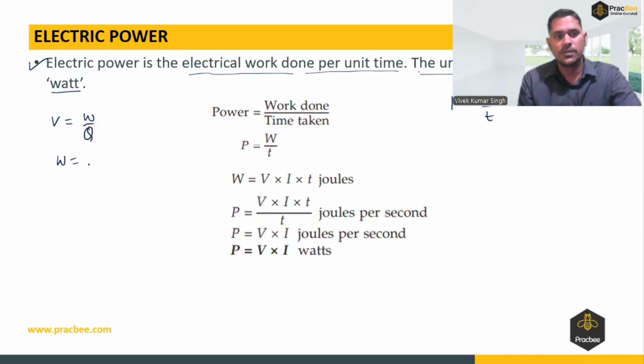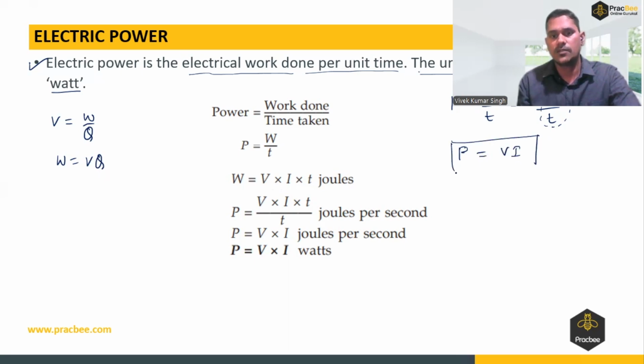So work done would be equal to potential difference multiplied by charge. If we write the value of W, we get V multiplied by Q over T. Now this Q over T is the rate of flow of charge, that is equal to I. So P is equal to V multiplied by I. This is how we can calculate the power: power is equal to voltage multiplied by current.